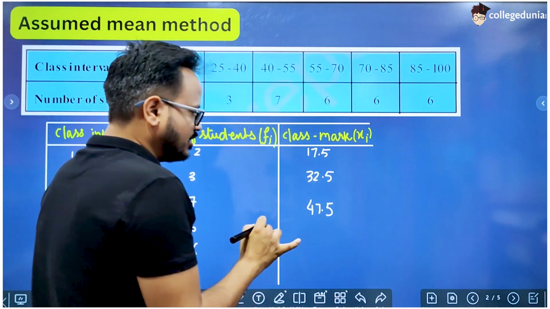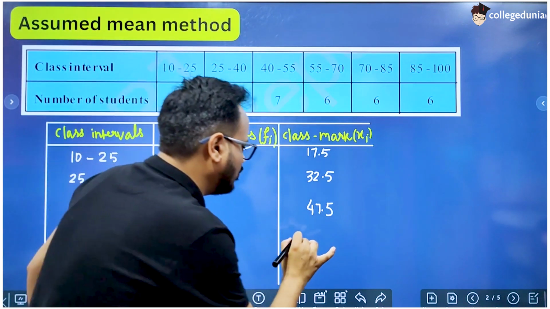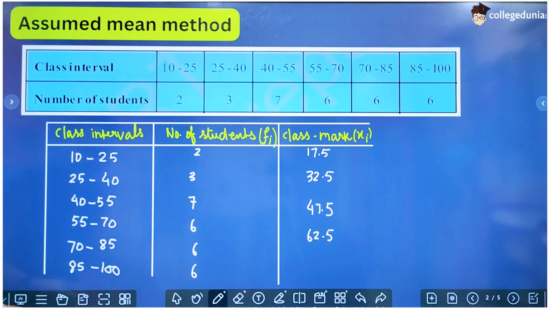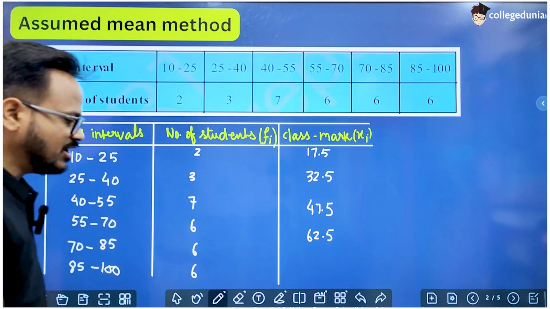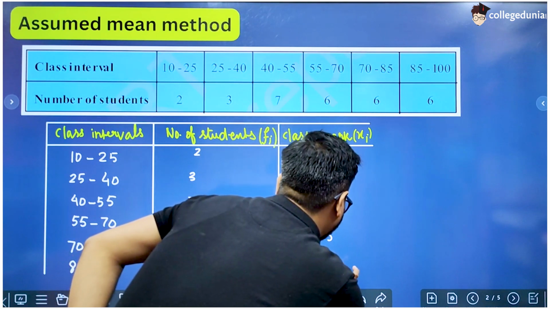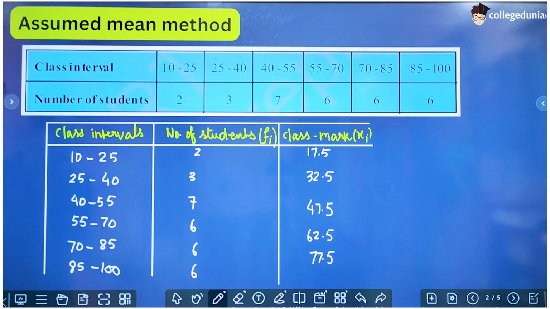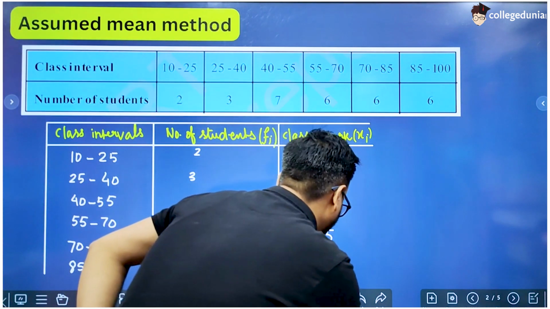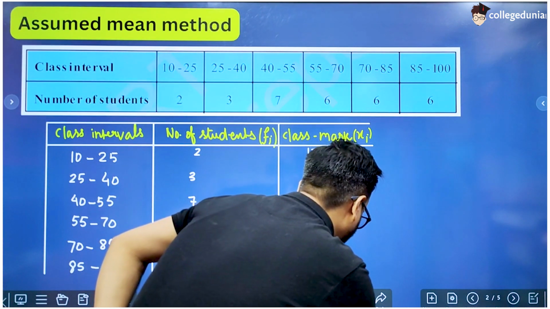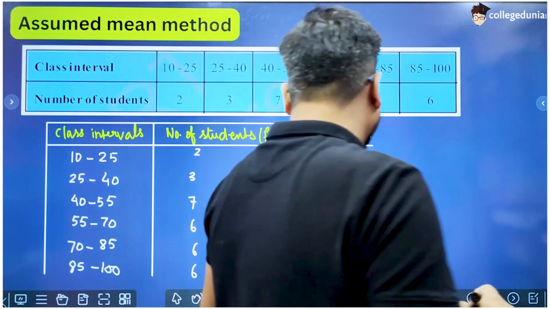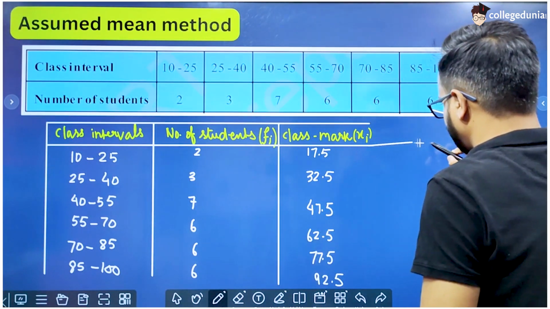The next one is 62.5, which is the midpoint of 55 and 70, and the midpoint of 70 and 85 is 77.5, and the midpoint of 85 and 100 is 92.5.